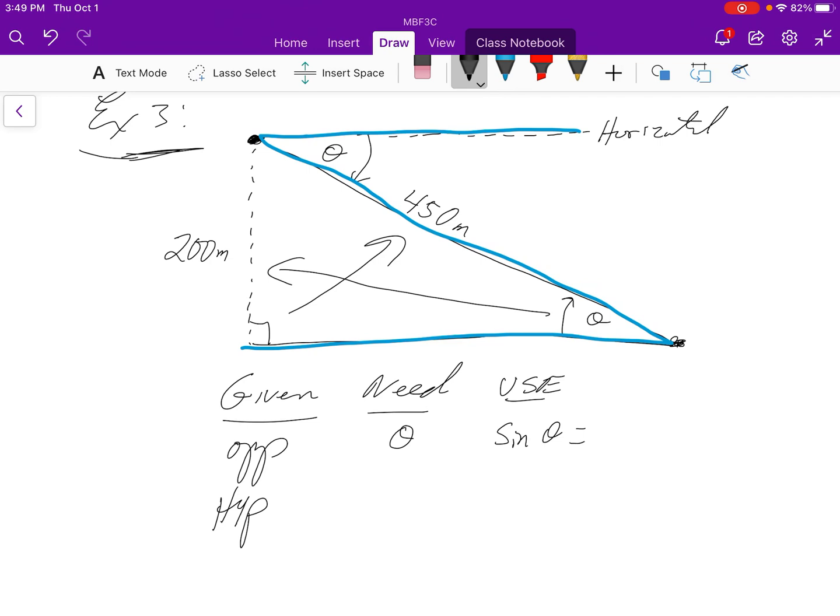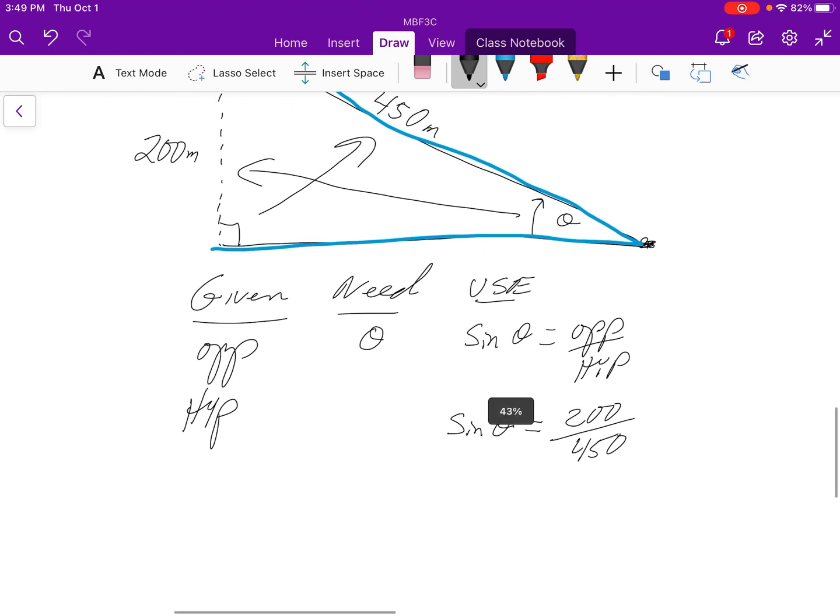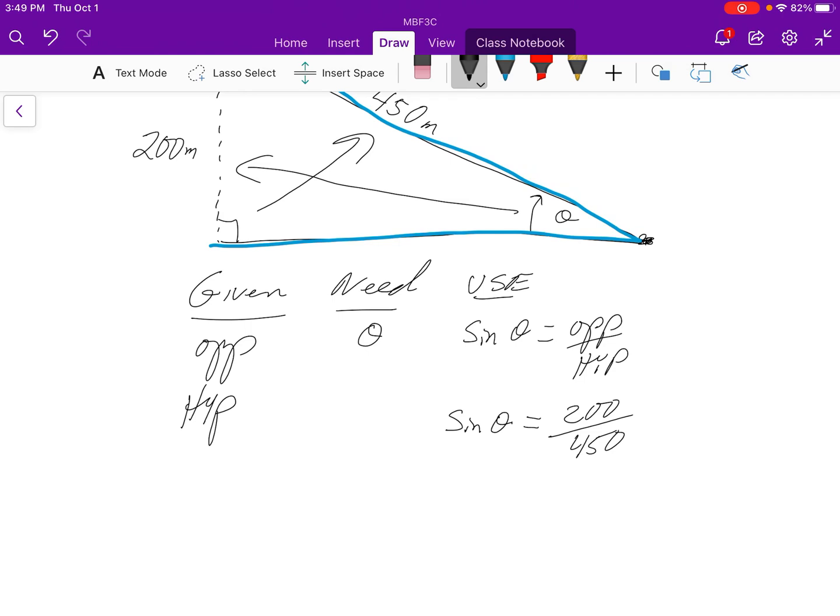Hopefully you come up with sine. The sine of an angle is equal to the opposite side length divided by the hypotenuse. So the sine of the angle we need is the opposite, which is 200, divided by the hypotenuse, which is 450.